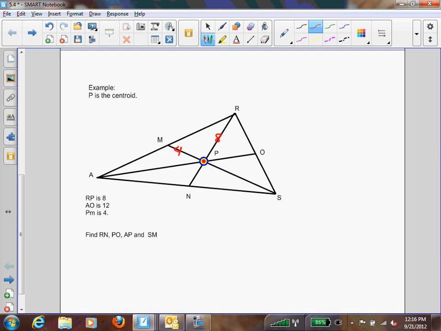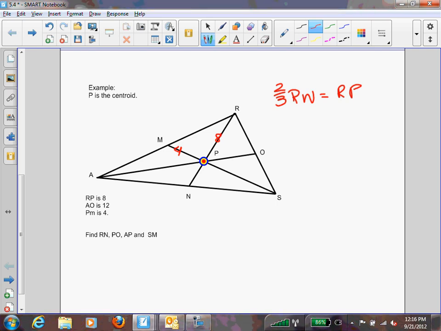RN. Of that median, I gave you RP. So RN, the whole length, 2/3 of the whole thing is what? Right, RP. Write it down in words. Write it down with the letters, because you're going to do some manipulation. 2/3 of the entire length is equal to the part from the vertex to the centroid.